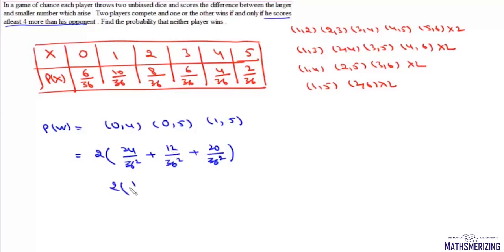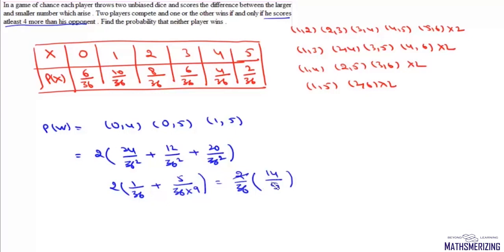So it will be 1 by 36 plus 5 by 36 into 9. So we can write this as 2 by 36 into (9 plus 5), 14 by 9.